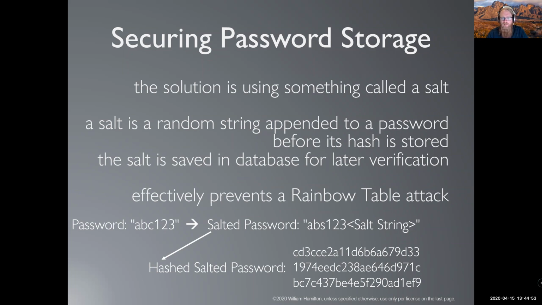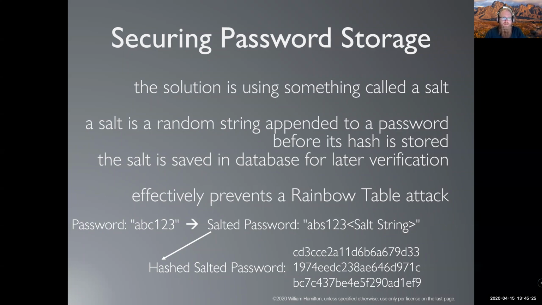Whenever we register a user and create an entry in our database for their username and a hash for their password, we add to the password what's called a salt, which is usually a random string of characters or data that gets concatenated with the password.